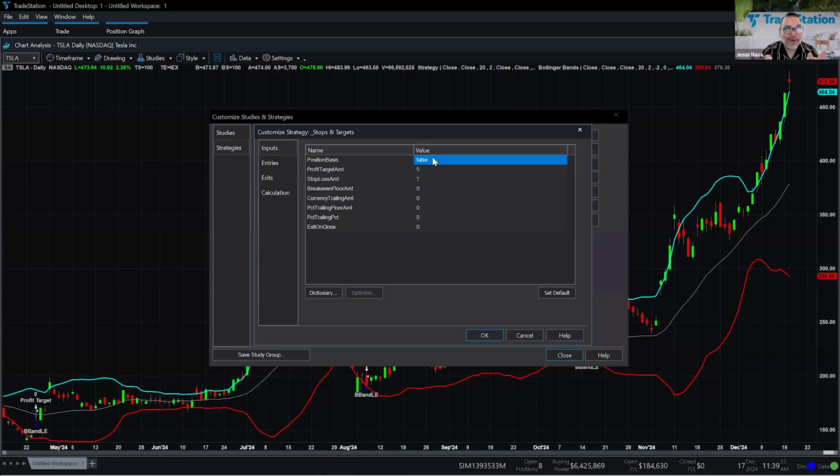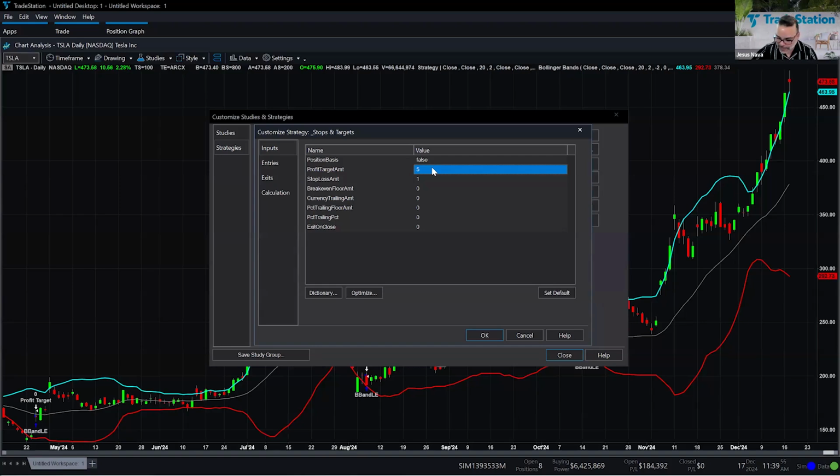But you think of a profit based on point movement. When your position basis is false, you're thinking in points per share. And that's why when you see the profit target amount here, it says $5. So $5 on a 100 share position, it's $500.